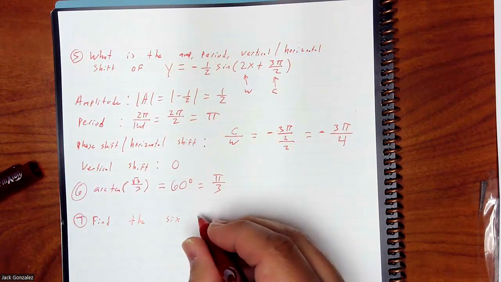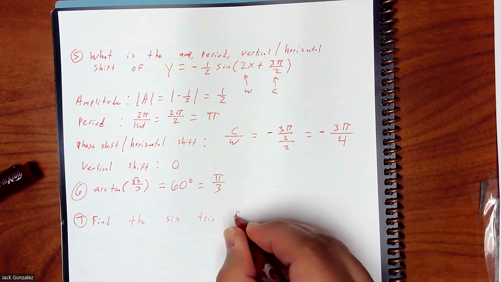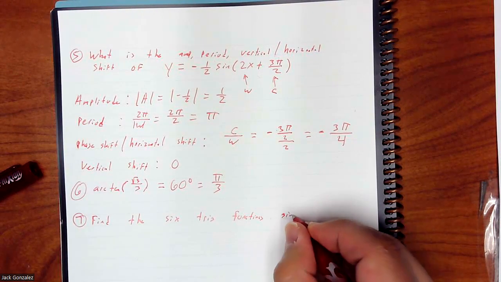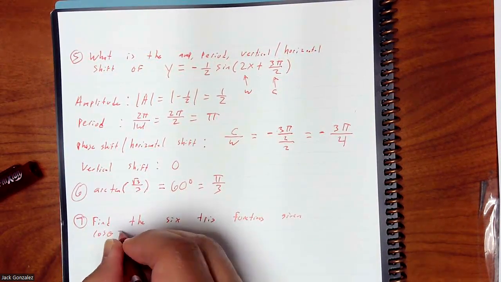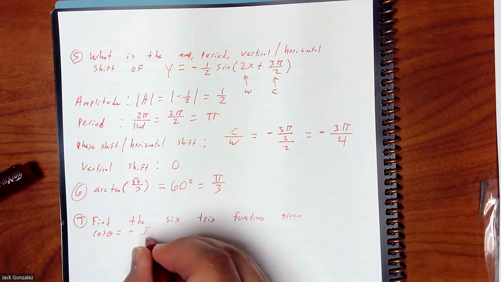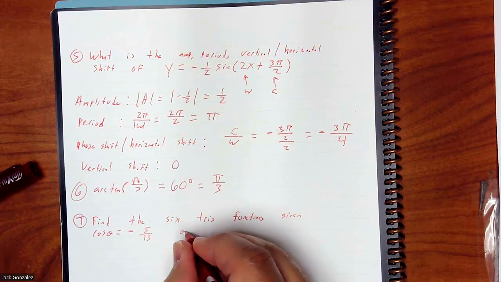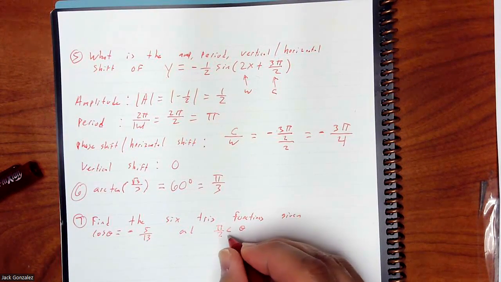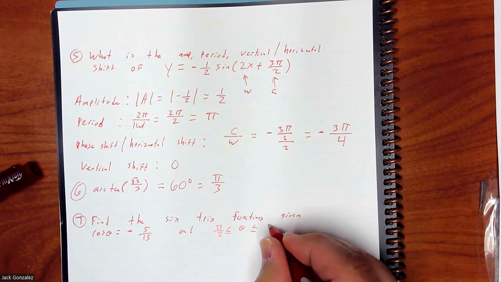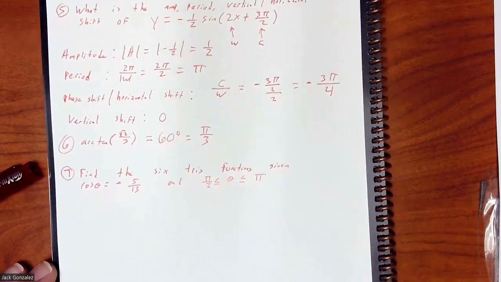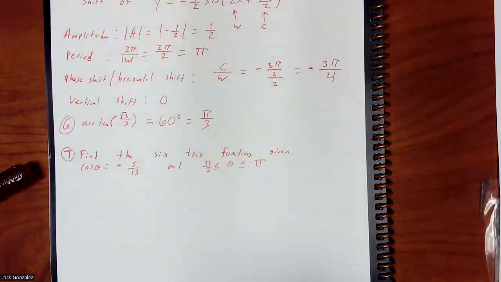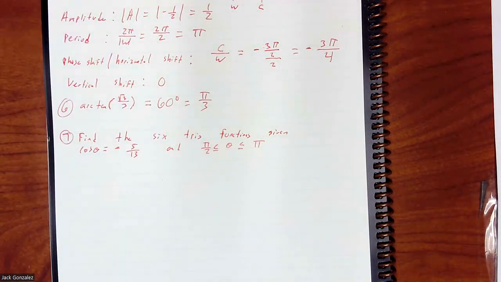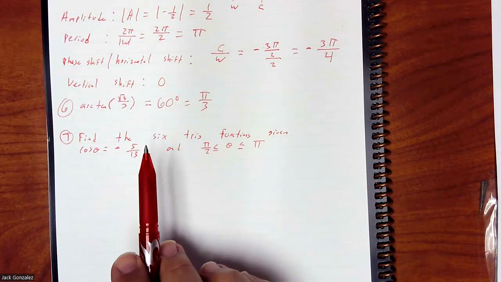Find the 6 trig functions, given that cosine theta is equal to negative 5/13 and theta is in this quadrant. What I recommend on this one is to build a triangle.